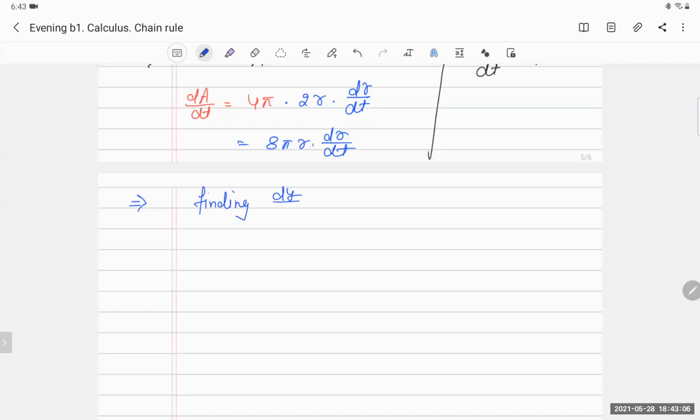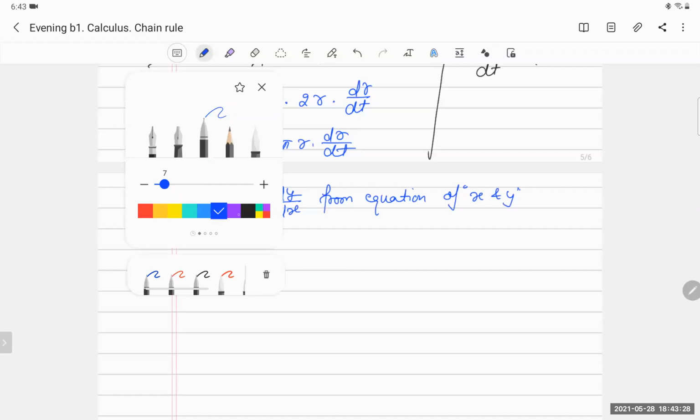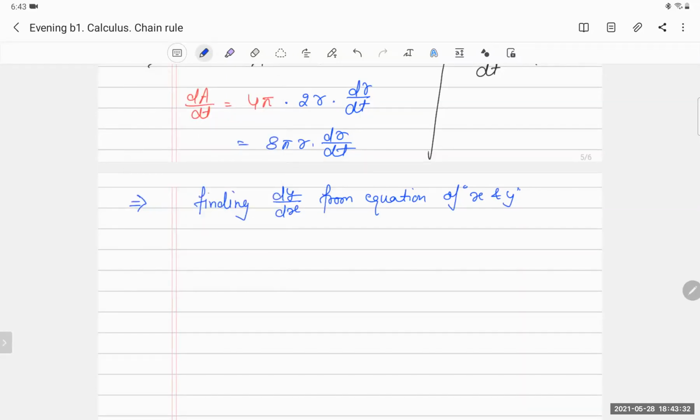Finding dy by dx from an equation of x and y. Suppose there is a complicated equation between x and y, and then you have to find dy by dx. This is the most important thing. This is very useful also. Look, until now, what was there in the functions?